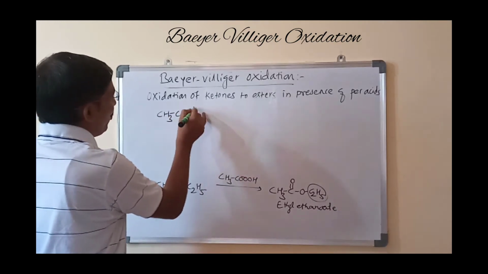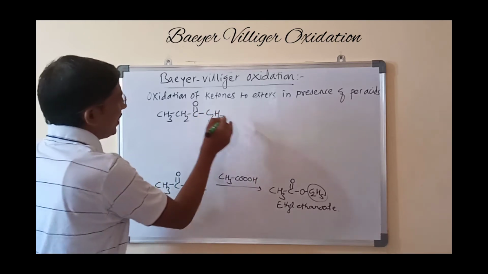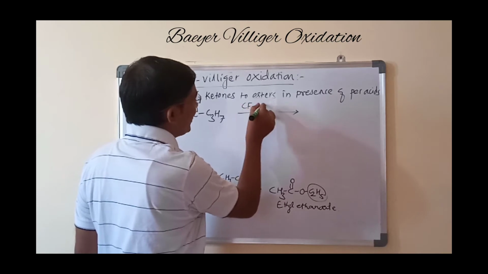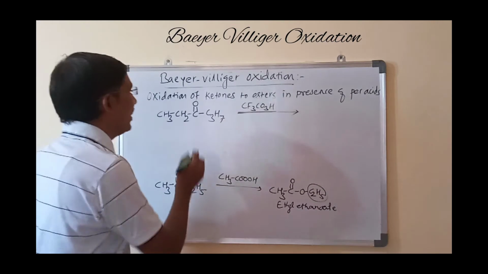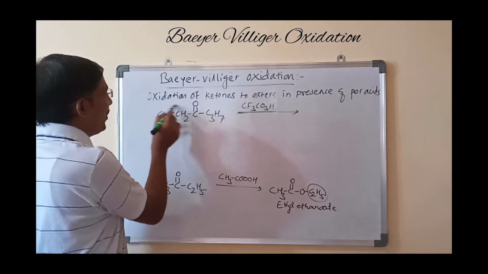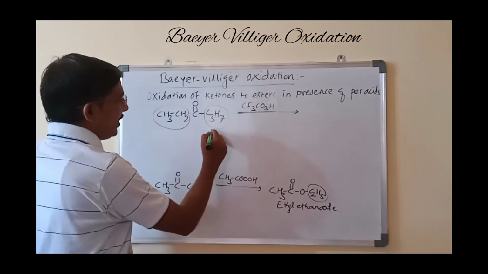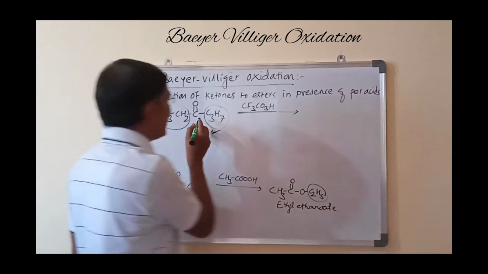CH3CH2 C double bond O, and here C3H7, in presence of peracid CH3CO3H. Now see here, if you compare the electron donating power of ethyl and propyl, the propyl is more electron donating, hence the oxidation takes place here.